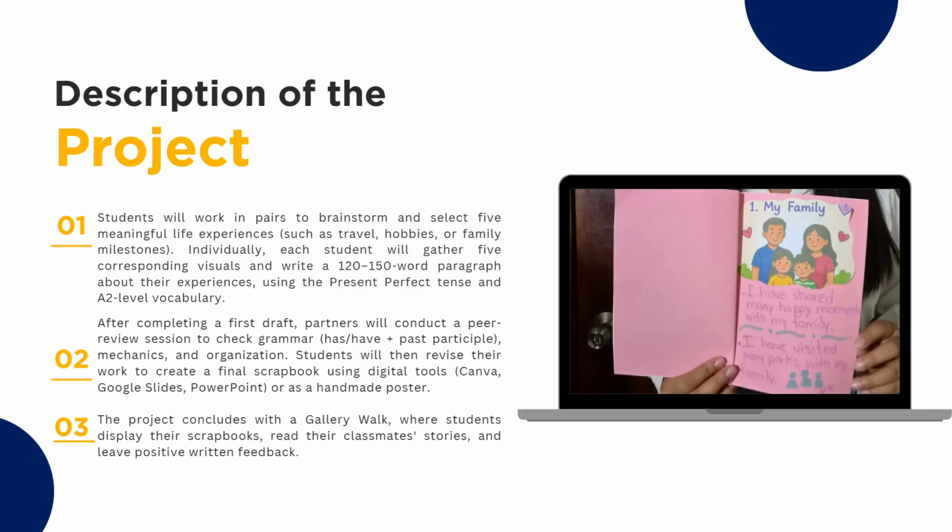The project concludes with a gallery walk where students present their scrapbook, read their classmates' stories, and provide positive writing feedback. This final activity encourages meaningful communication, collaboration, and reflection on their learning.